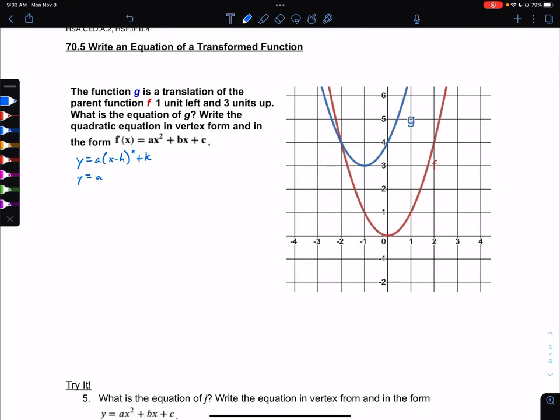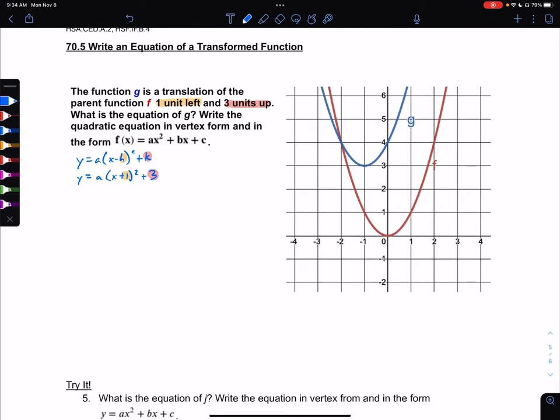They tell us it goes 1 unit left, so that's my h value. That's going to become x plus 1. Remember, it's backwards. And then they tell me it goes 3 units up. That's my k value, so I would add 3.